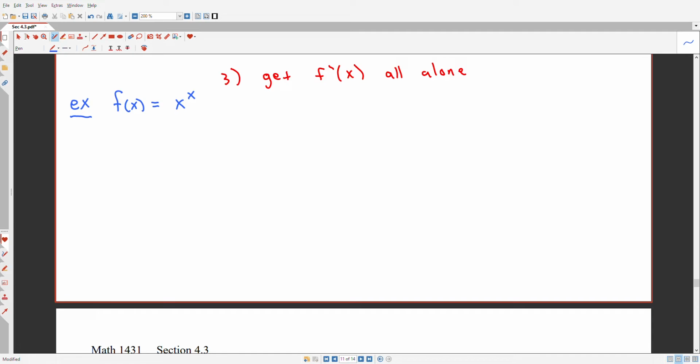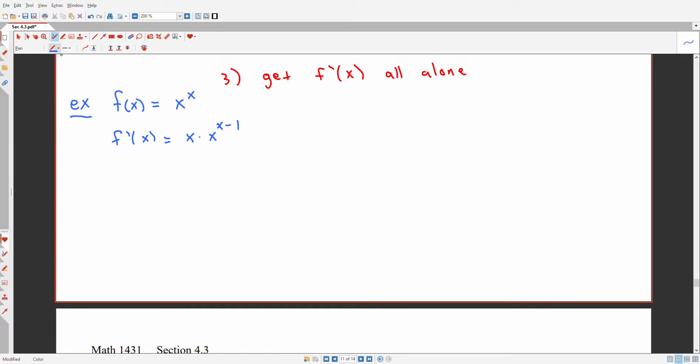Now, if you hand this to somebody who's taking calculus and maybe forgotten it, or somebody who's just starting calculus, they might take a derivative of this by using the power rule. They might say something like f prime of x equals, you bring the power down, and then you do x to the x minus 1, something like that.